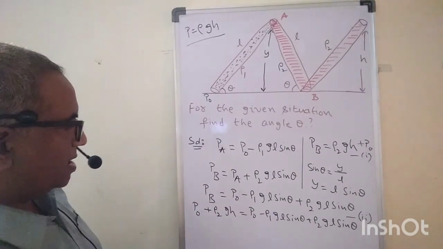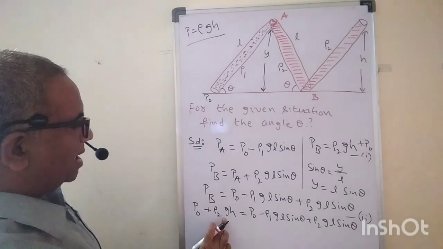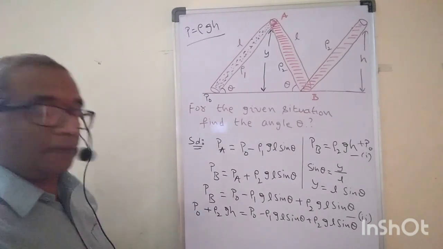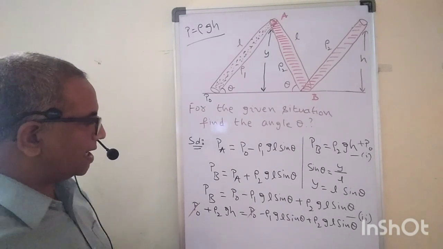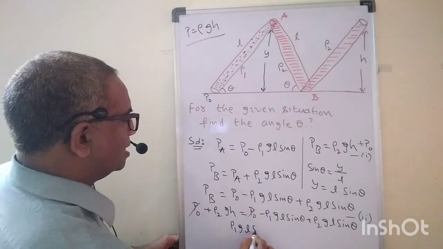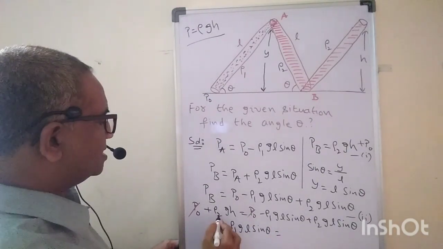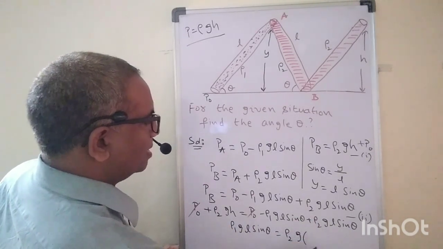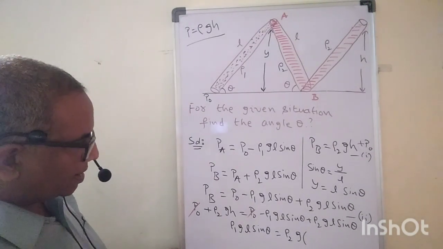Then here, this one is sin theta, so let us bring this one this side. I will send this one that side, I will bring this one this side. Observe, P naught gets cancelled. So we have rho 1 GL sin theta equal to, then I will send this rho to that side, rho 2 G I will take common, then L sin theta minus H. Can I write like that?